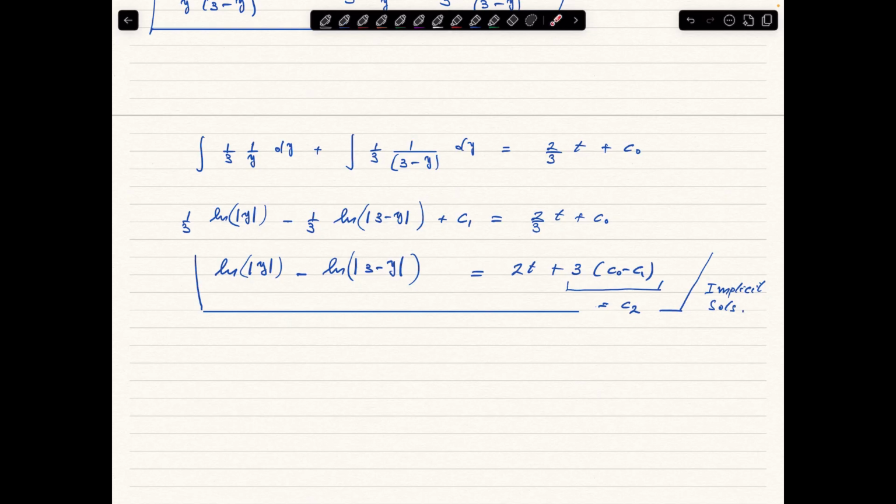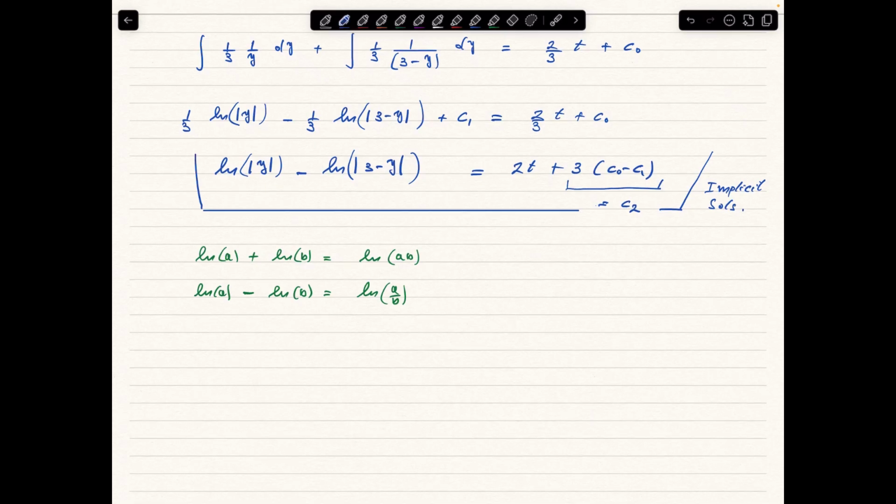But we can use the log properties. Properties like, for example, the natural log of a plus the natural log of b. We know this is the natural log of ab. And a similar property is that the natural log of a minus the natural log of b is the natural log of a over b.